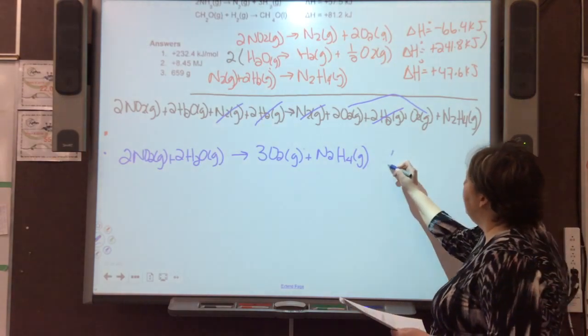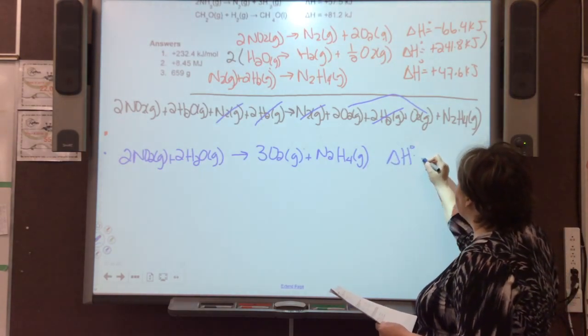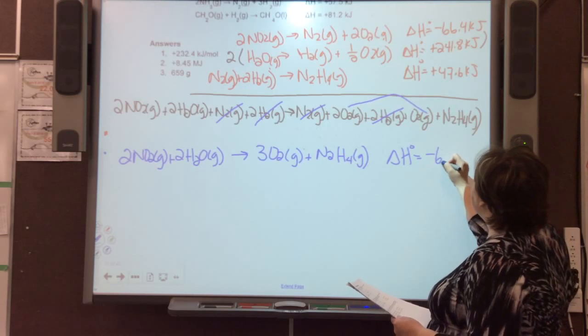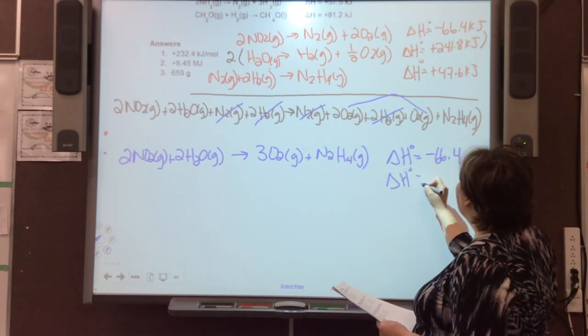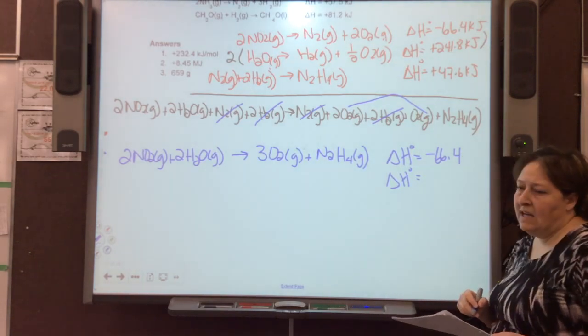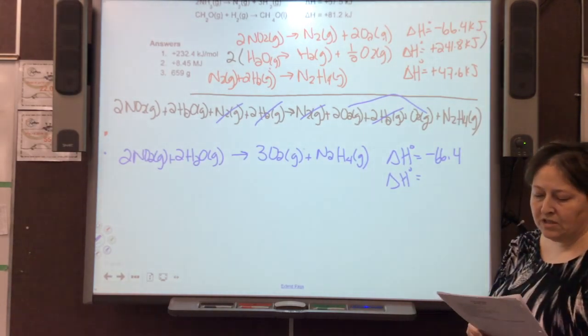So now we need to figure out our standard enthalpy. So we have negative 66.4. We have 241.8 times 2, which is which?